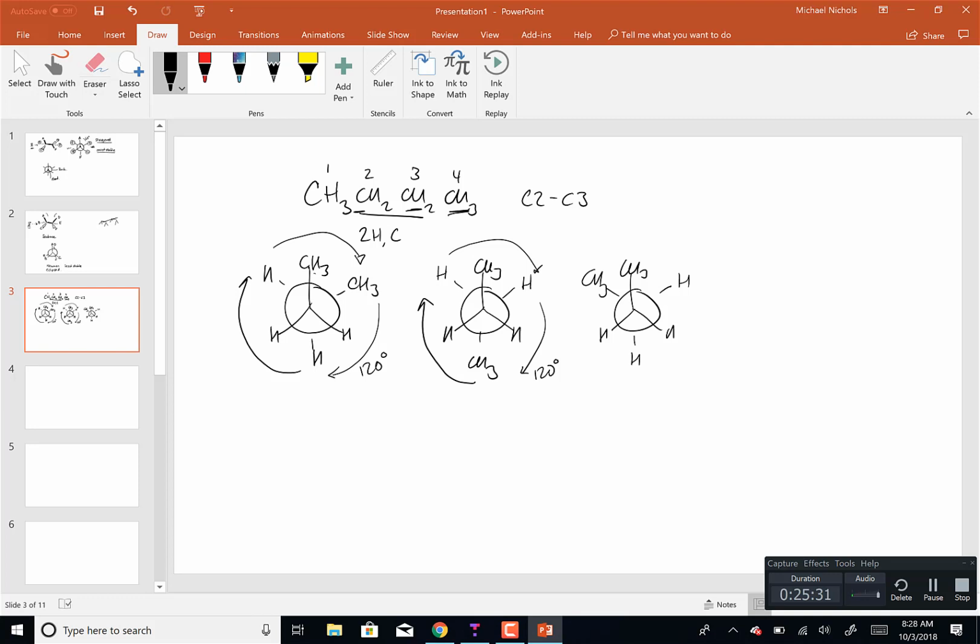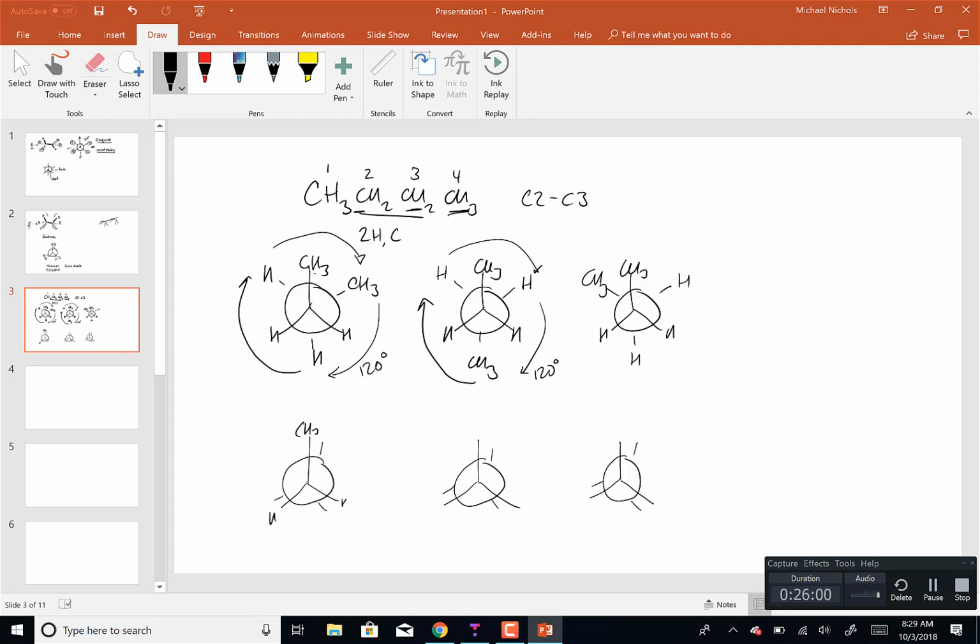Let's write the three eclipsed. So I'm going to draw three blank eclipsed conformations. And then I like to keep the front carbon in exactly the same position as it was in the staggered.